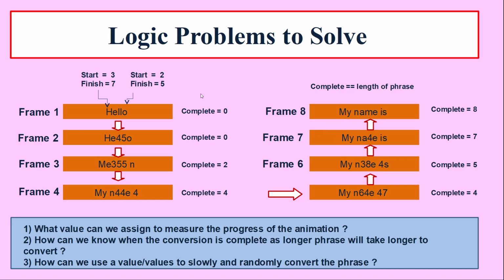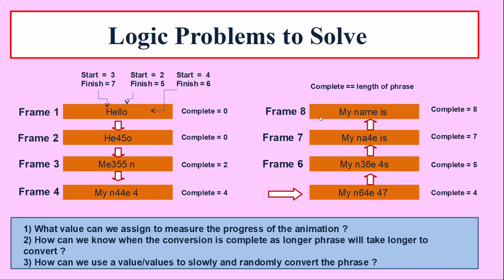So what we need to do is randomly assign each of these characters a value for when we start doing random character conversion, and when we complete that conversion and change that character into the completed phrase character.